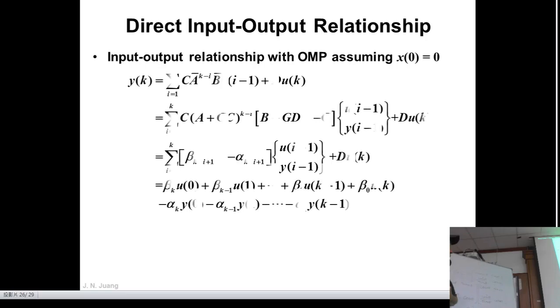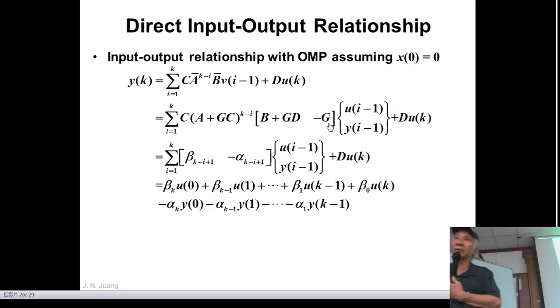The input-output relationship, I already showed you this. Yk equals beta k u0 plus beta k minus 1 u1, and beta is defined from here. If you know A, B, C, D, and G, assuming you know the observer, then you can write your model as Yk equals beta k u0 plus beta k minus 1 u1 and plus beta 1 uk minus 1 plus beta 0 uk.